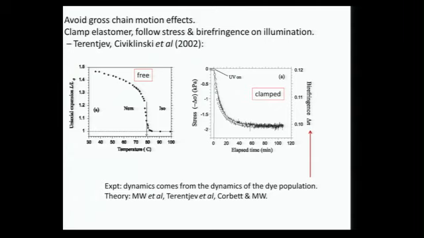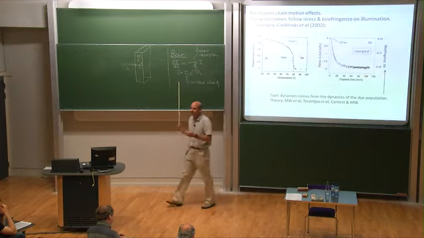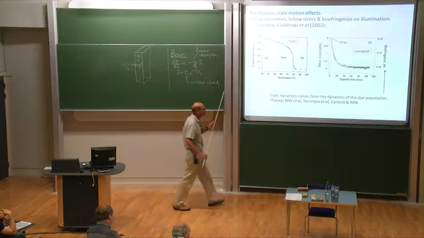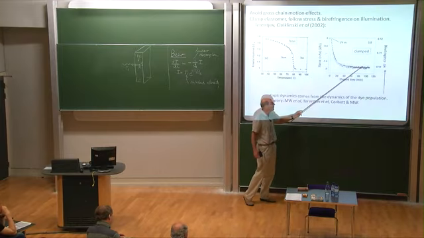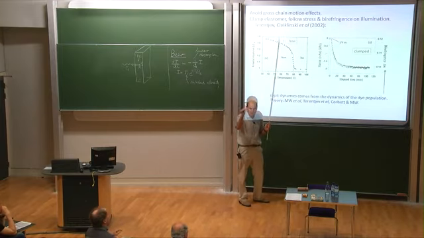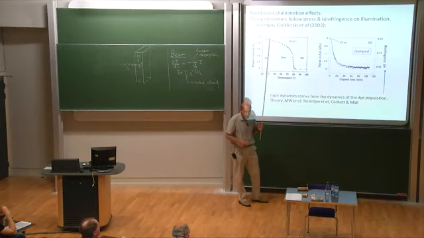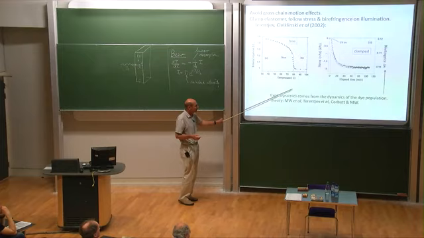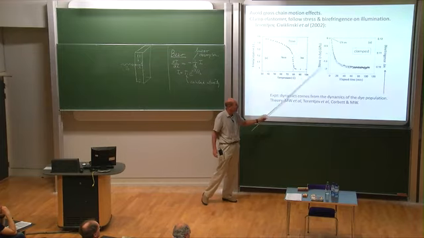At the same time, he measured the birefringence of the rubber strip, and he discovered that both changed in exactly the same way, which suggested to him that the underlying process of stress buildup is actually limited by the rate at which you can bend these rods and therefore change the nematic order. So the dynamics comes from the dynamics of the dye population if you clamp it.